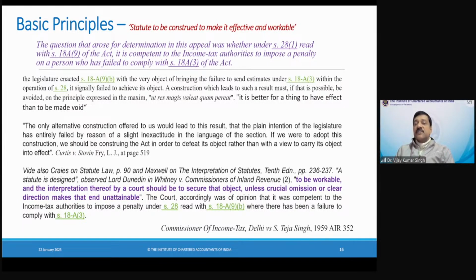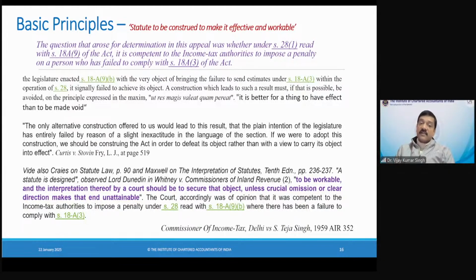A construction which leads to such a result must, if possible, be avoided on the principle expressed in the maxim "ut res magis valeat quam pereat." This maxim means it is better for a thing to have effect than to be made void. So you have to make the statute workable.